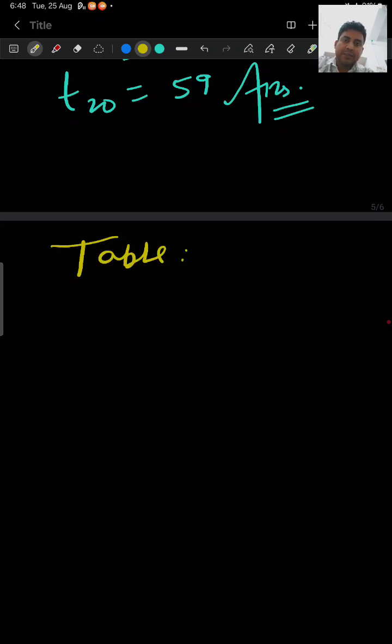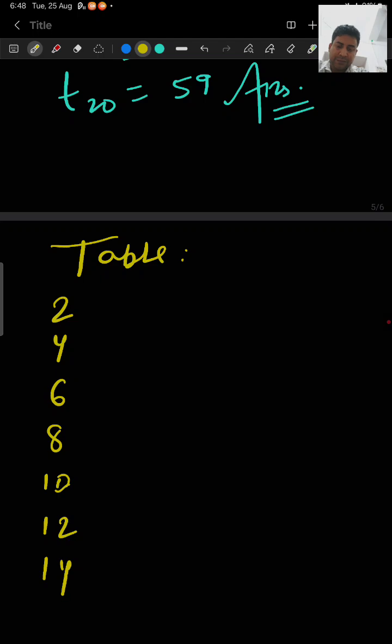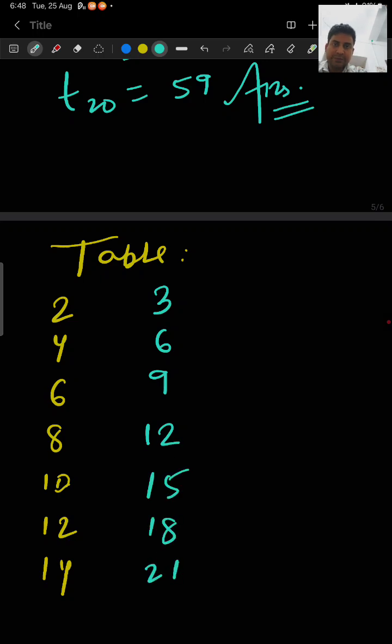In the early stage we learn tables like 2, 4, 6, 8, 10, 12, 14; 3, 6, 9, 12, 15, 18, 21; 5, 10, 15, 20, 25, 30, 35.